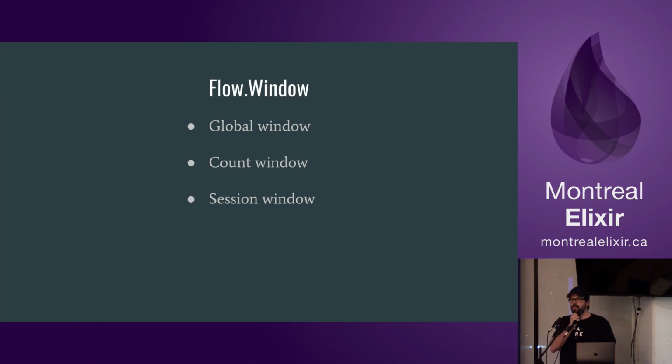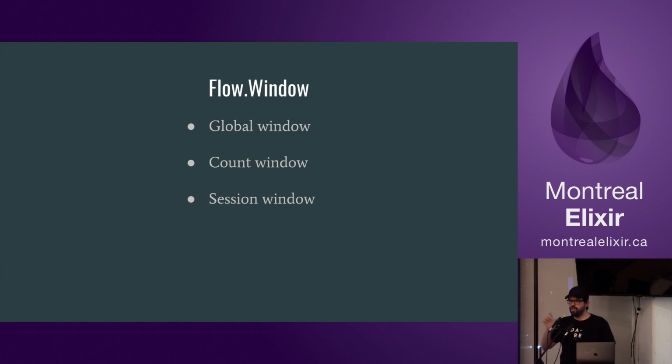You have session window, which is kind of nice, not hard to explain. Think about the session of a user inside a website, inside a software. The moment the user logs in and when they log out, you had a session.